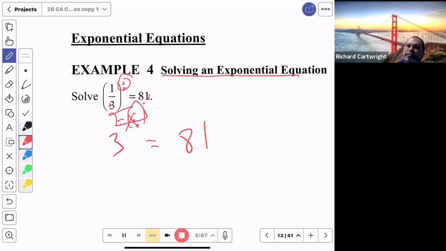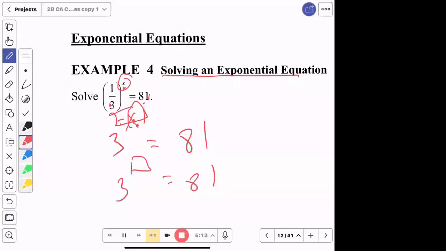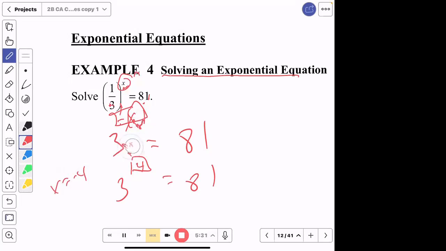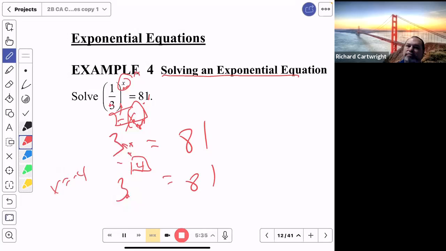So what I want you to do is think of this: 3 to what power is 81? 4. Yeah, you could simply think of that as, that has to be a 4. So I would need x to be a -4 to get that to flip up to a 3, because then a -4 fits in there really well.